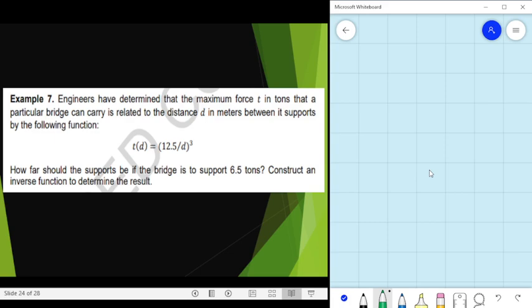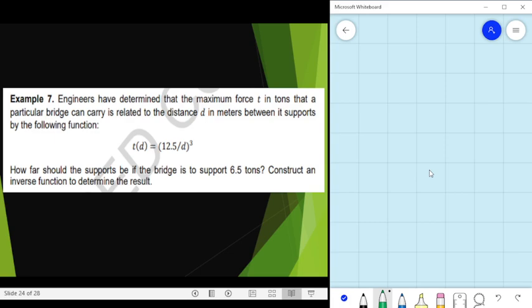T of d is equal to 12.5 per distance to the third power. How far should the supports be if the bridge is to support 6.5 tons? Construct an inverse function to determine the result.